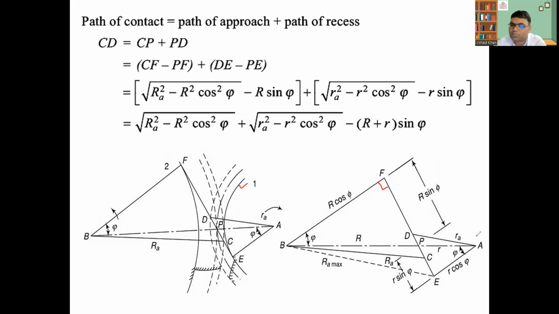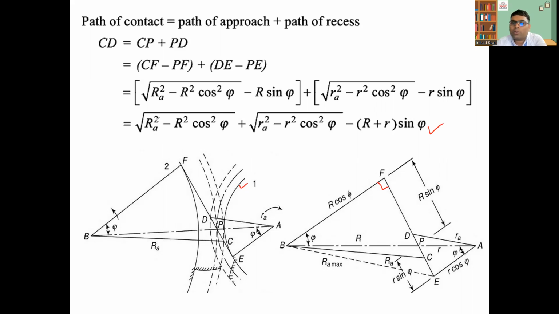Similarly, we apply this concept to the pinion part, so we get the square root of r_a squared minus r squared cos squared phi, minus r sin phi. We rewrite it, and the equation becomes like this. Once we need to calculate the path of contact, we can use this relation.